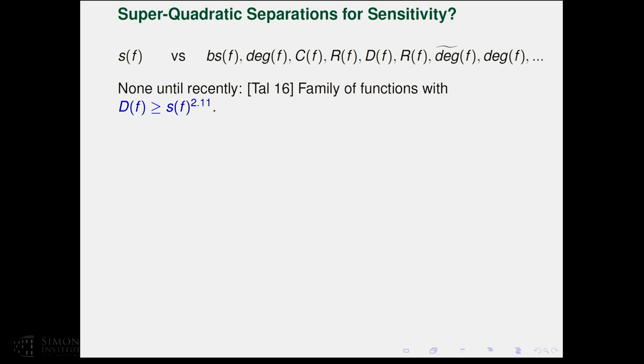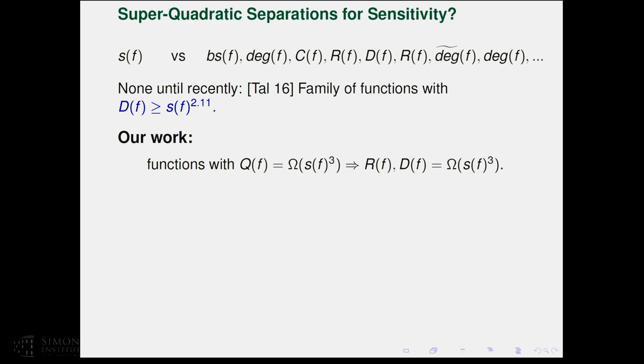Avishay et al. in 2016 constructed a family of functions that have decision tree complexity that is at least sensitivity to the 2.11. In this work, we construct families of functions that separate several of these measures with a superquadratic separation from sensitivity. In particular, we construct a family of functions that have quantum query complexity that is at least cubic in the sensitivity.